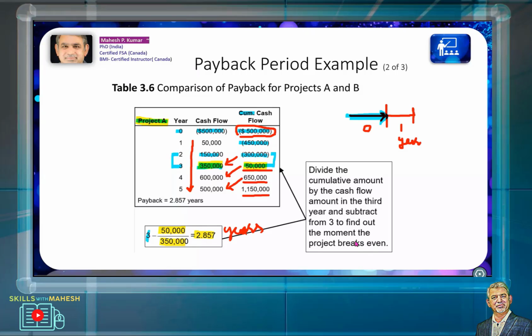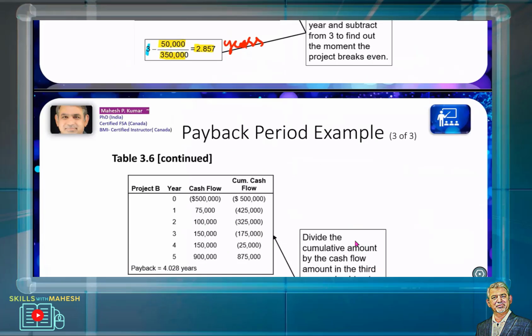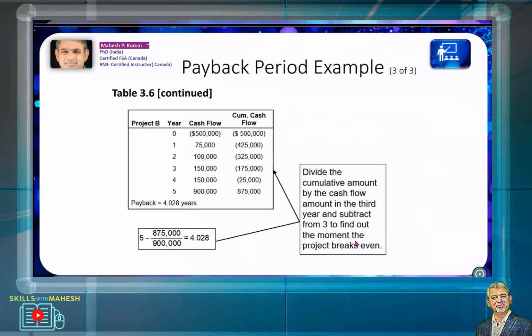These are manual calculations, but when you are reading it and I'm talking on top of that, things make more sense than just in a book, right? So about 3 years. Same way you can do it for project B, and here project B is shown. The cumulative investment in year 0, before we have even started, is minus 500,000.